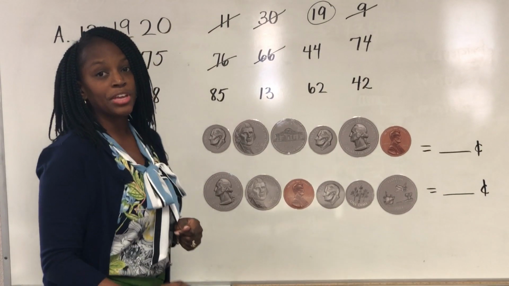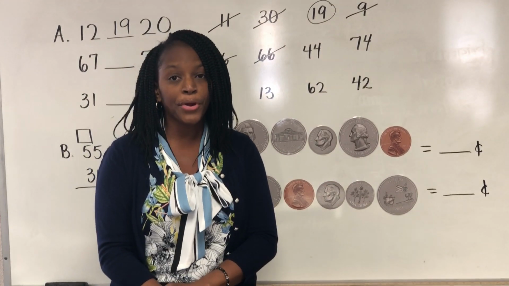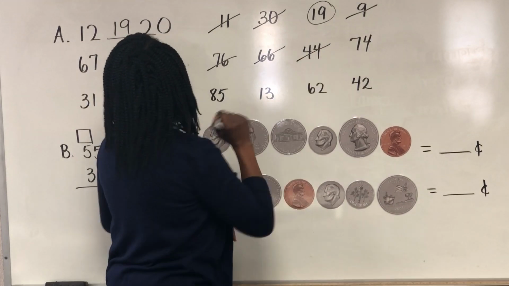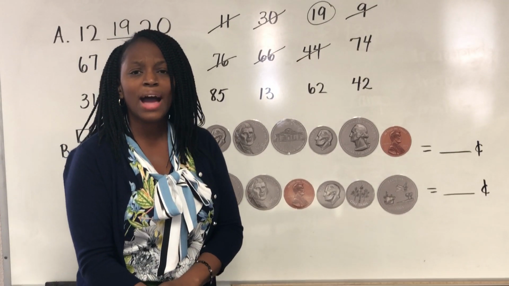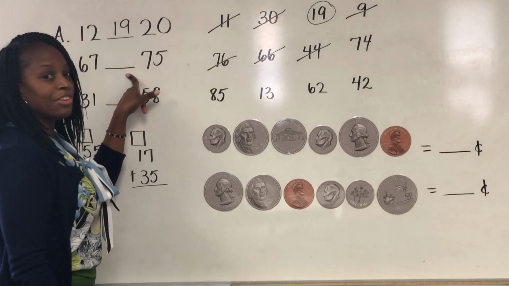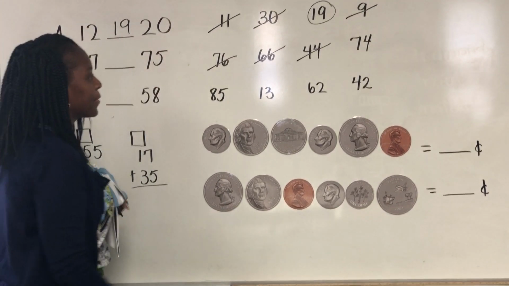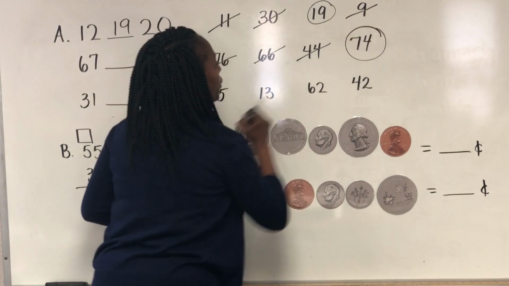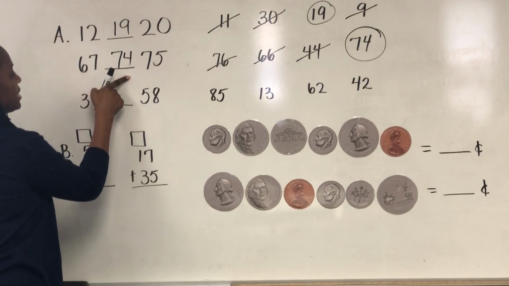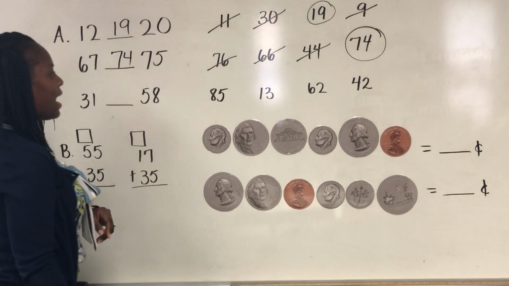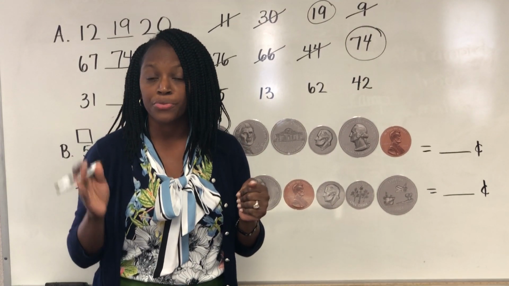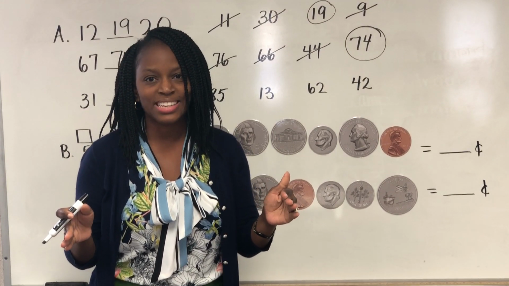What about 44? Will 44 work? No, 44 will not work. It goes way before 67. And how about 74? The 74 is the before number of 75, so it works. So you have the numbers 67, 74, and 75. You will find 74 in the range of numbers from 67 to 75.